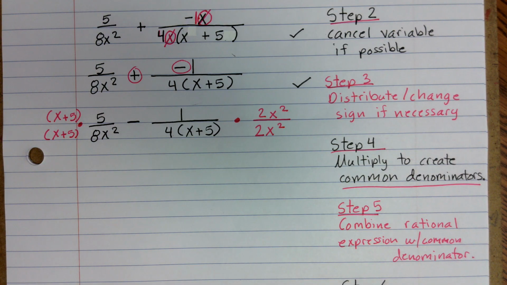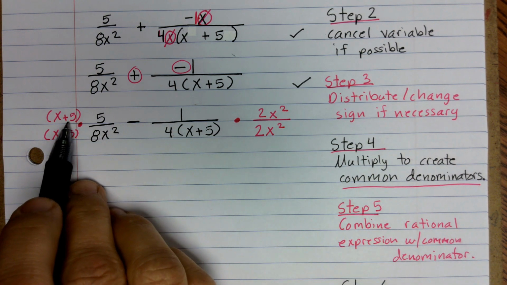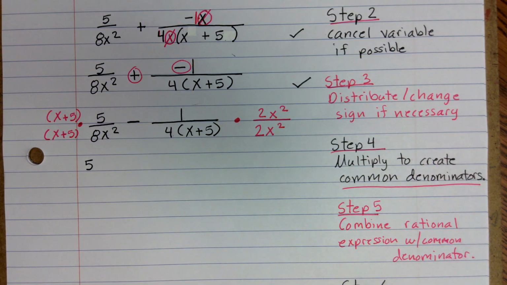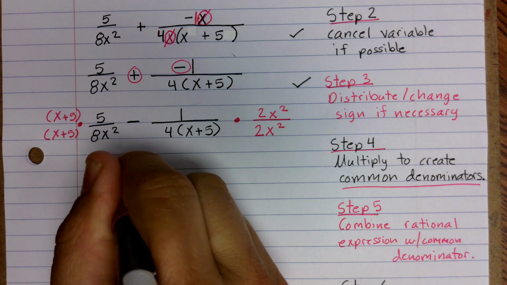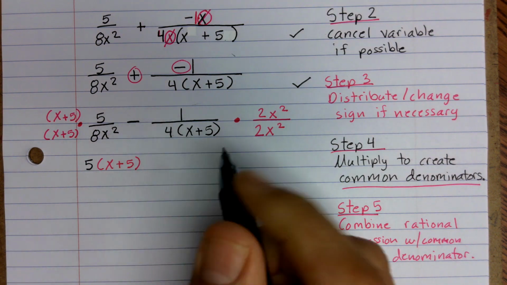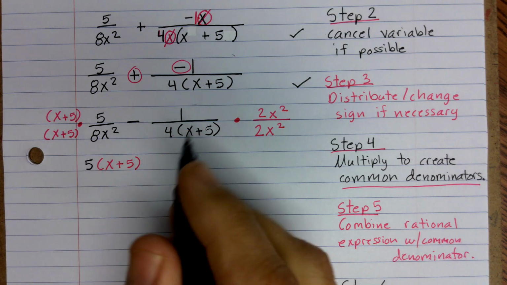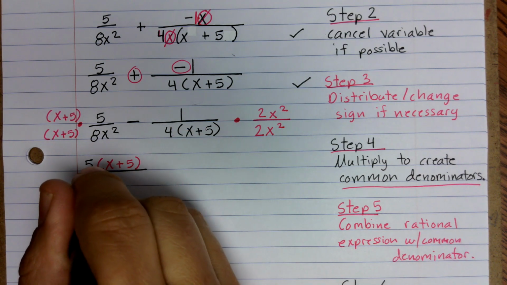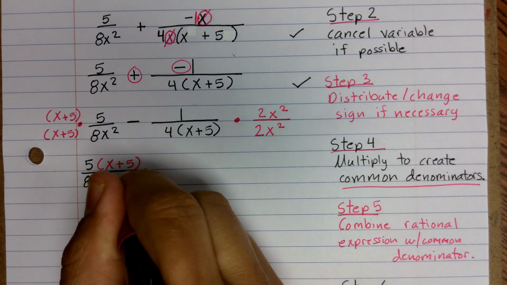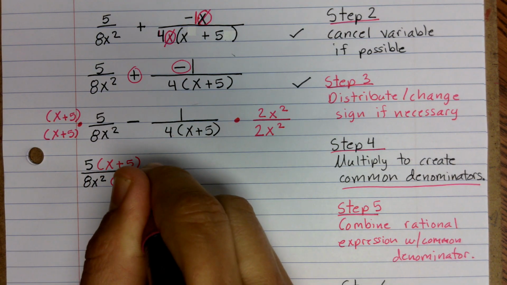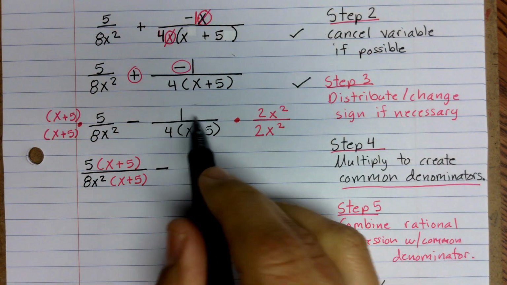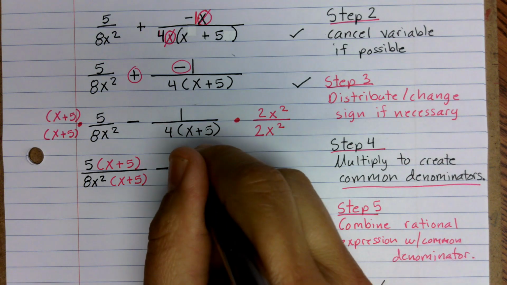So let's go ahead and work that out real quick. On the top, I'm just going to write this again. We have 5 times x plus 5. And then we have 8x squared times x plus 5. And this is minus 1 times 2x squared.